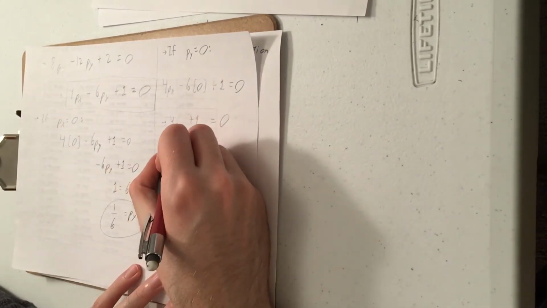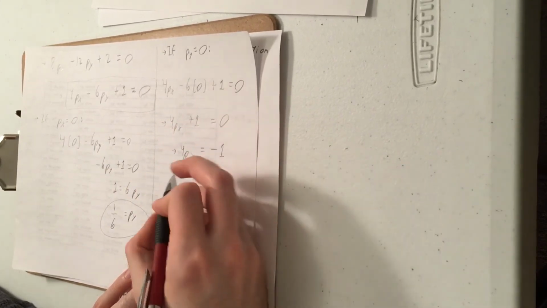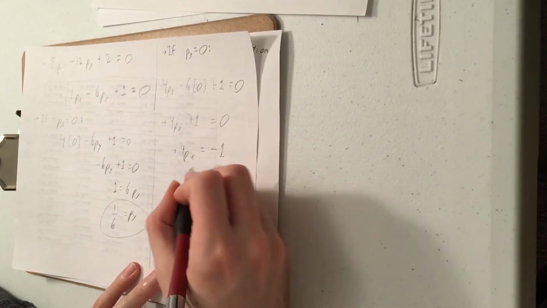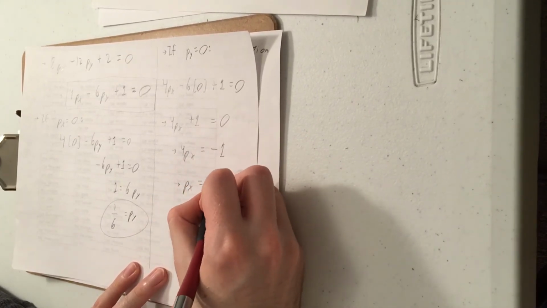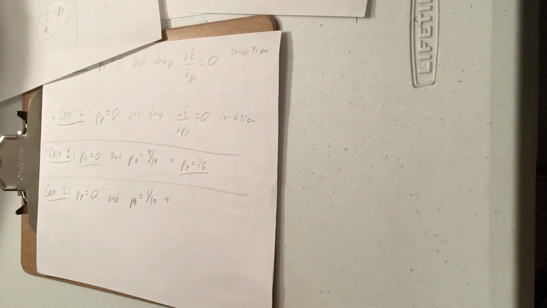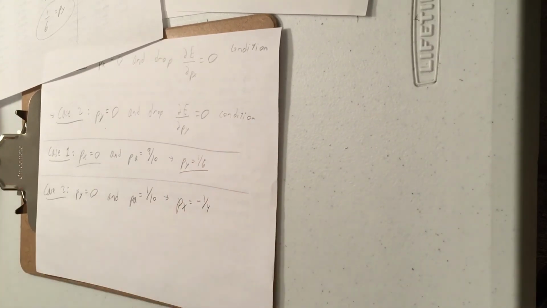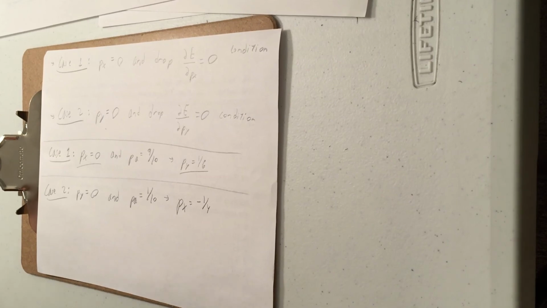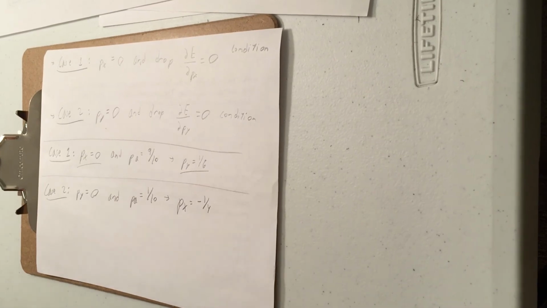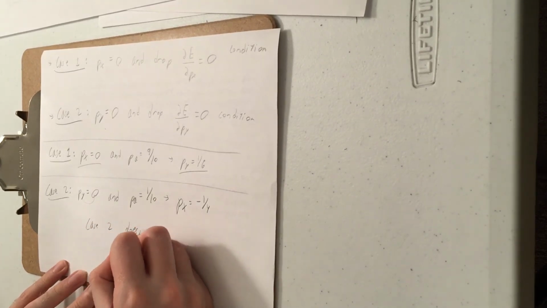Let's move the 1 over there: 4px equals negative 1. Divide both sides by 4 and we get minus 1/4. Well, that's distressing. Px is a probability, and you already know probabilities can't be negative. So case 2 doesn't work.